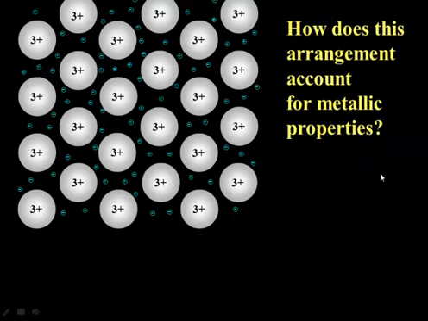As we noticed before, metals have some properties, especially malleability and ductility, quite different from ionic or covalent compounds. But how could that be explained?